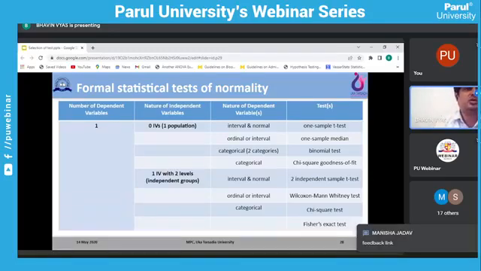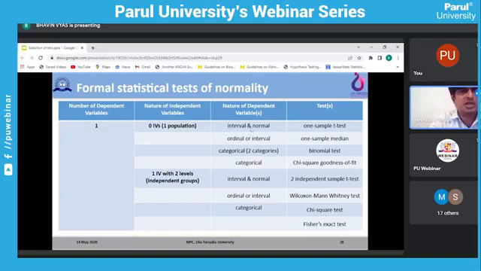If you have 0 independent variables and 1 dependent variable, measured as continuous interval data that is normally distributed, then you should select a test called one sample t-test. But rather than interval or continuous data, if you have measured in the form of ordinal data, you can select a test called one sample median test.